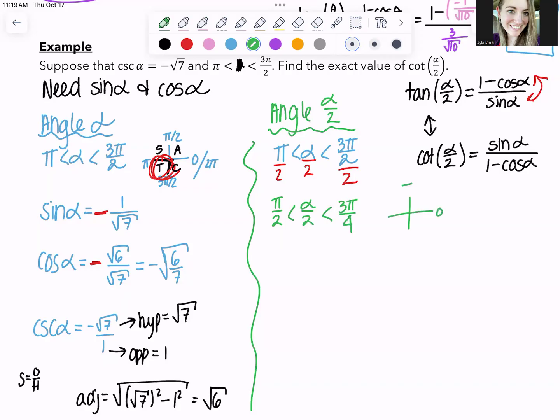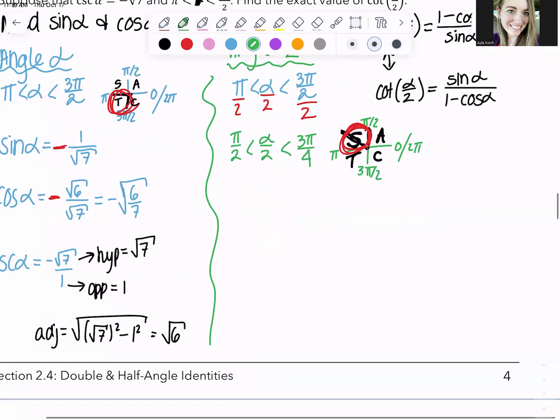This is 0, pi over 2, pi, 3 pi over 2, 2 pi. So pi over 2 is right here, and I know 3 pi over 4 is right here, which means we're sitting smack dab in the middle of quadrant 2. So all students take calculus. I know that sine is positive and everything else will be negative.